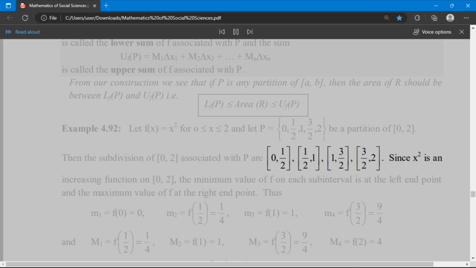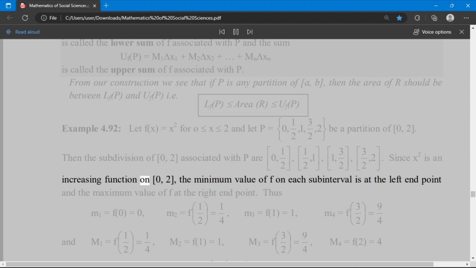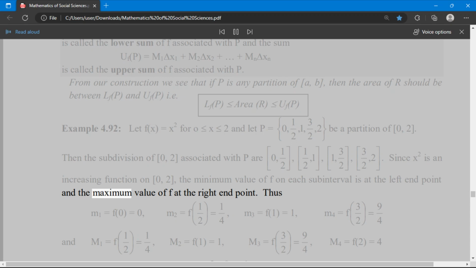Then the subdivisions of [0, 2] associated with P are [0, 1/2], [1/2, 1], [1, 3/2], [3/2, 2]. Since x² is an increasing function on [0, 2], the minimum value of f on each subinterval is at the left endpoint and the maximum value of f at the right endpoint.